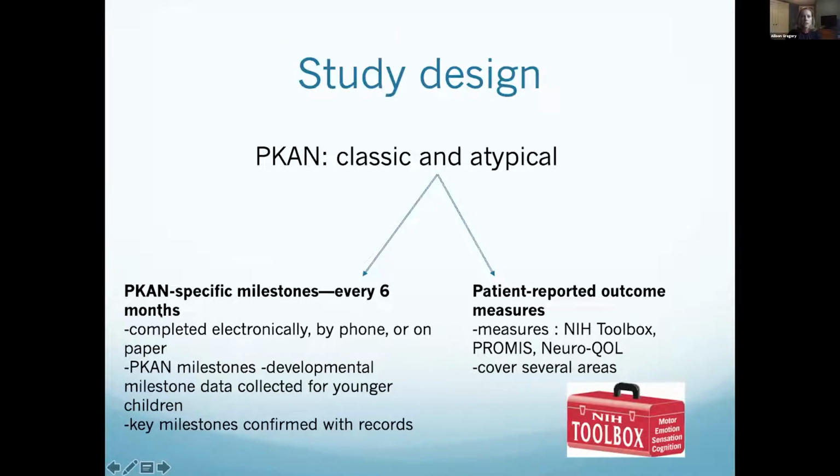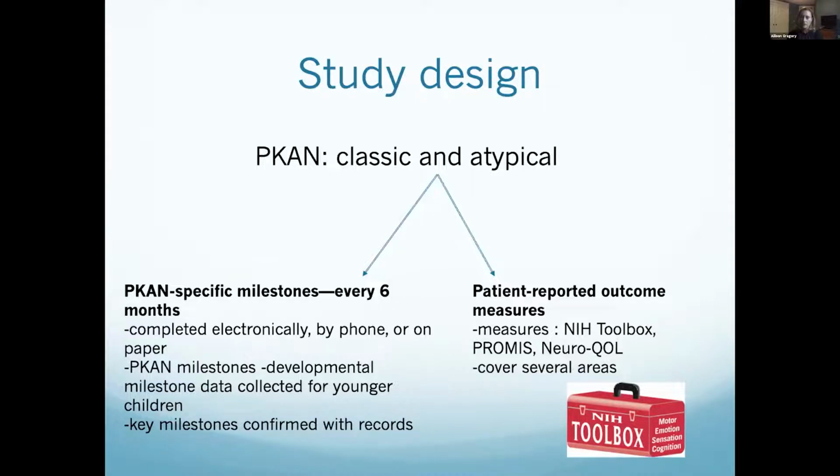So this is just an overview of what that looks like, and then I'll go into more detail in the next few slides. But we do take all comers diagnosed with PKAN. We do require that they meet certain inclusion criteria, meaning they either have 2 pathogenic or likely pathogenic mutations, or they have 1 or no mutations plus an eye of the tiger sign and other clinical findings that we've reviewed ourselves.